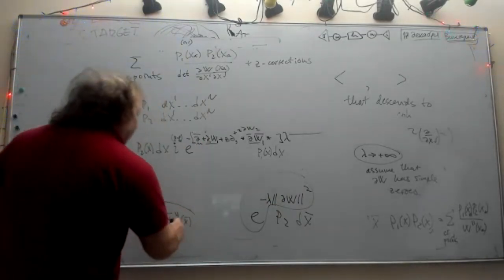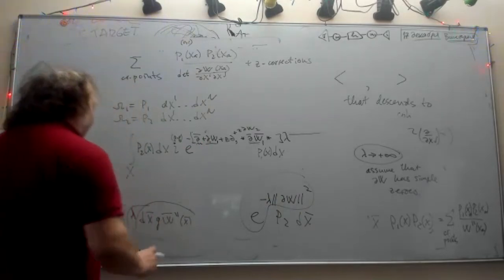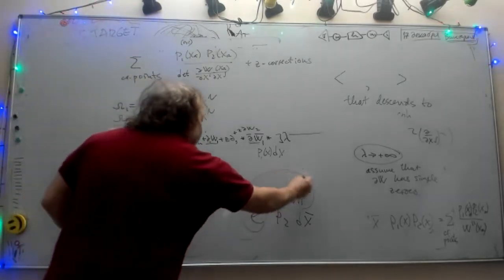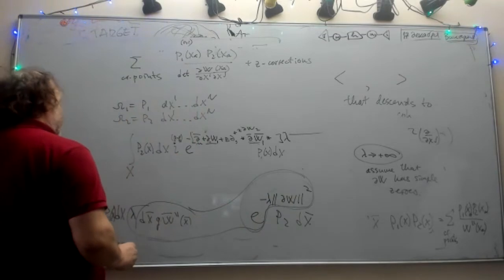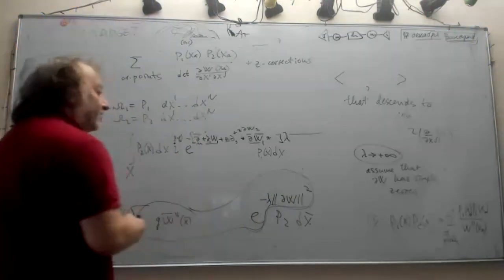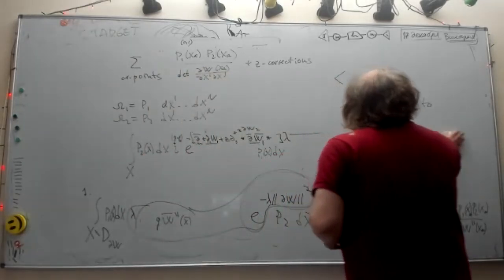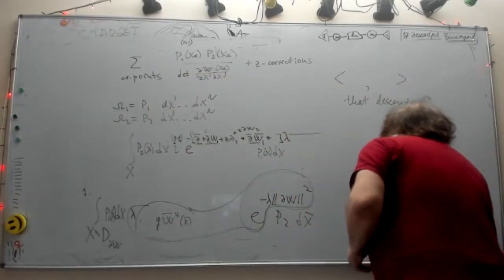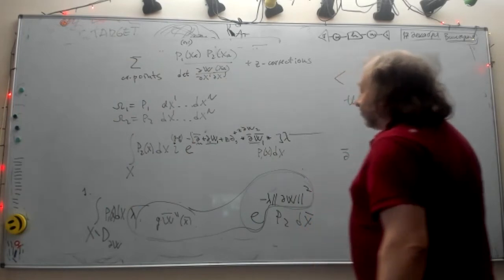I have to divide over dw. So what do I do here? I take this piece. And I say that this piece is d bar of what?